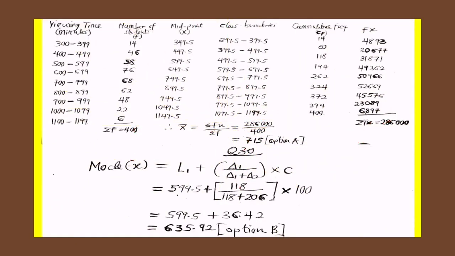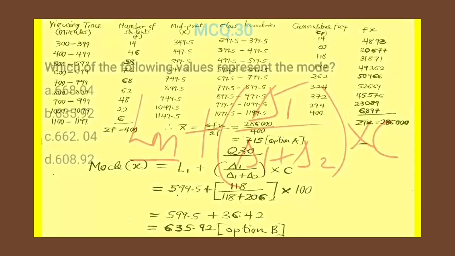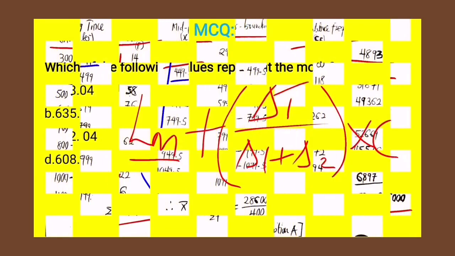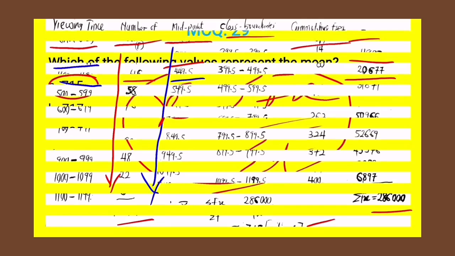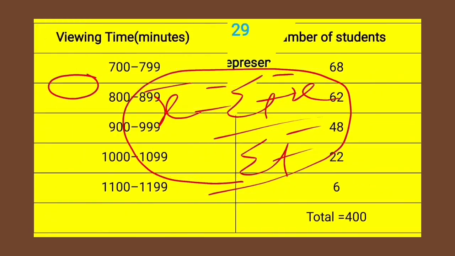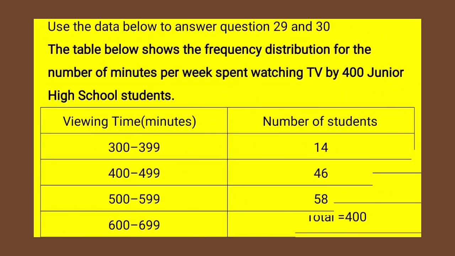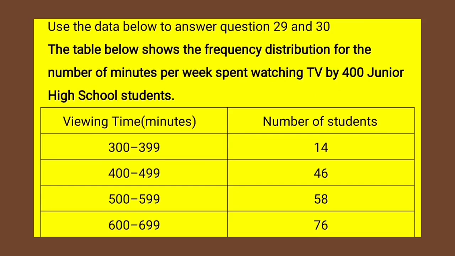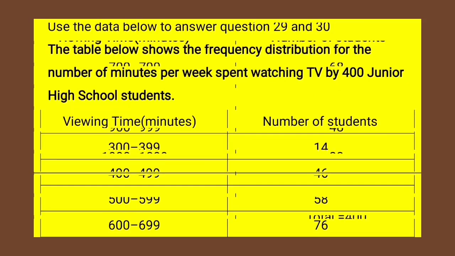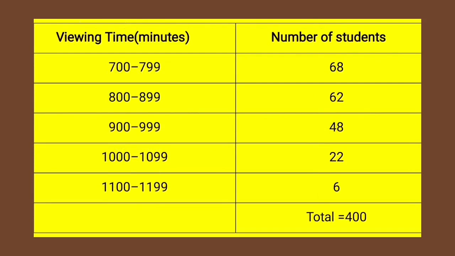So this is the formula we're going to use to estimate the mode, and this is how I arrived at it. Let's go back a bit. Here the frequencies we have are 14, 46, 58, 76, 68, 62, 48, 22 and 6.